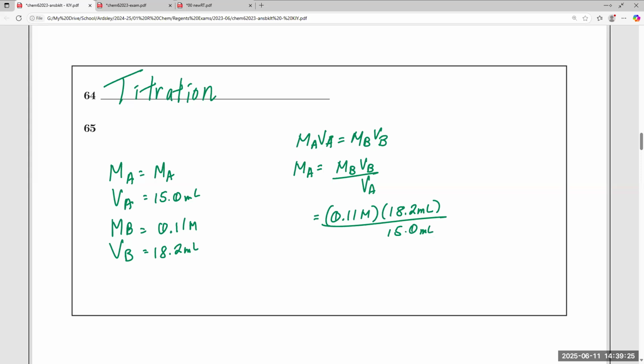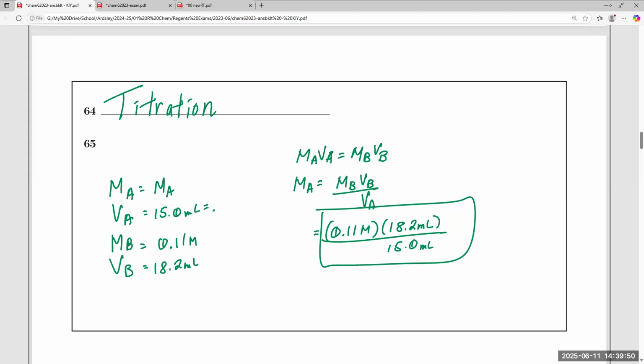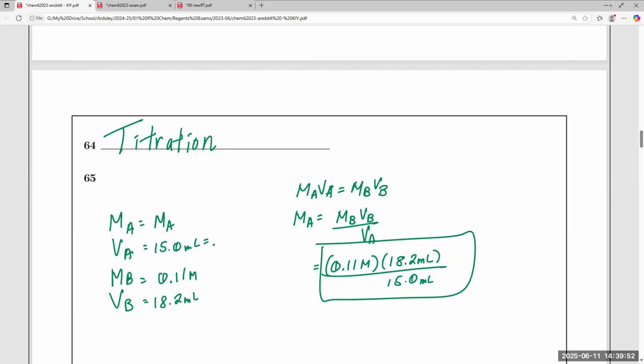And if you notice, if you convert it to liters, you'd be dividing both top and bottom by 1,000, which means it's going to cancel out anyway. So this is your correct setup. Now, if you did go ahead and convert this to liters, that's perfectly fine. If you converted this to liters by dividing by 1,000, and I'll use a different color, okay, if I can get a different color, what just happened?